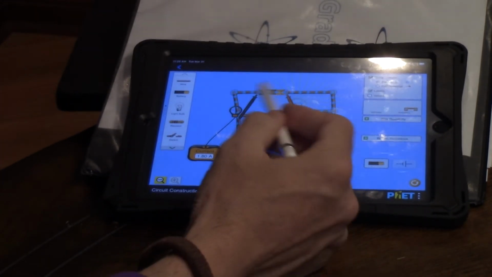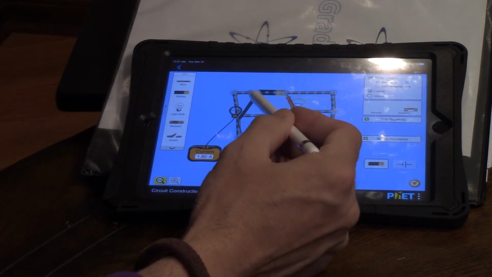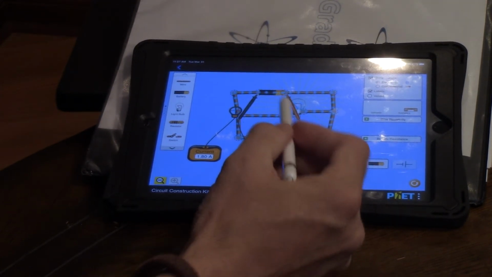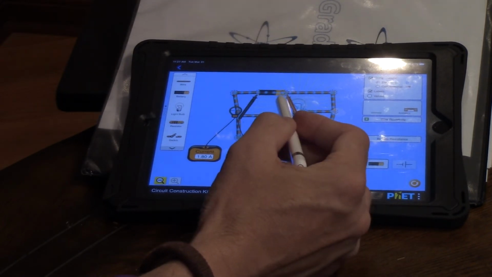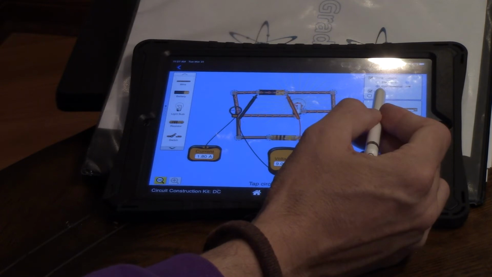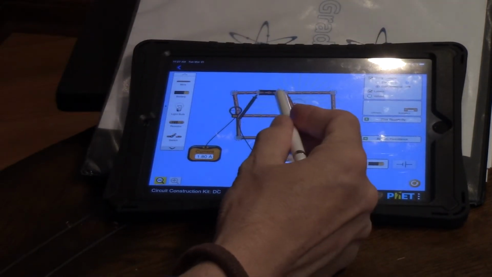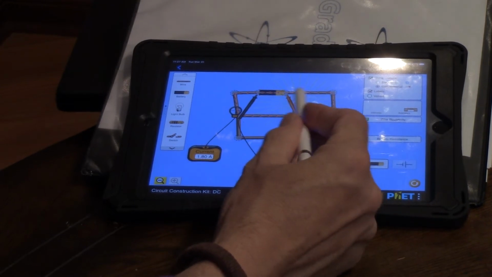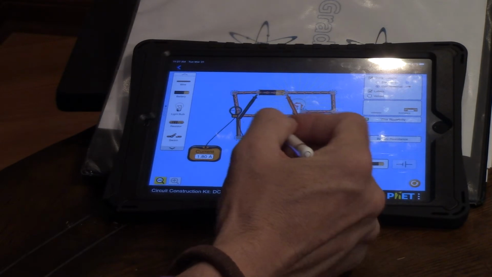That tells you how much energy is being gained as this goes through. Now, this is showing the actual movement of the electrons. If I change that to the conventional idea, thank you, Ben Franklin, then you'll notice that the current is shown going from the positive terminal around to the negative terminal, going around like this.